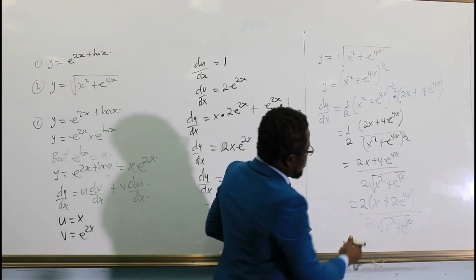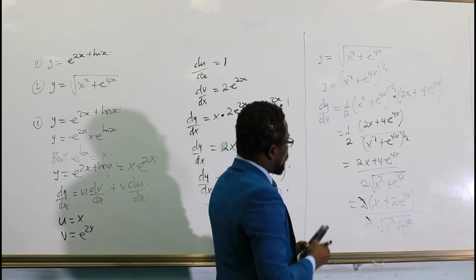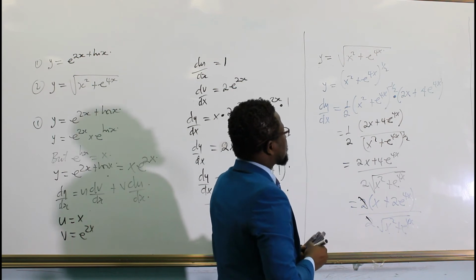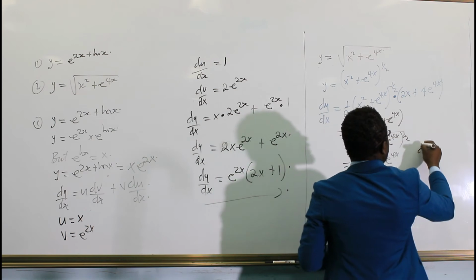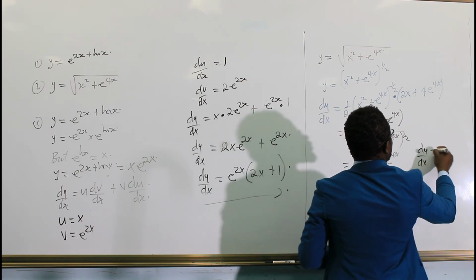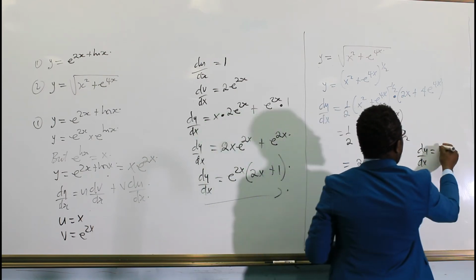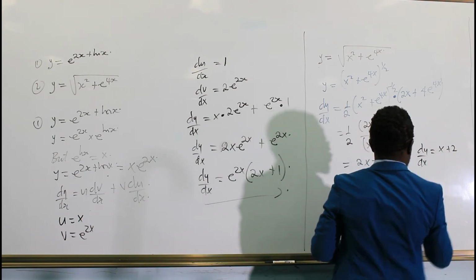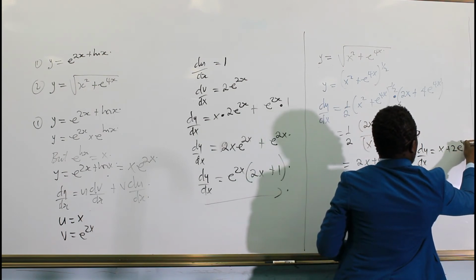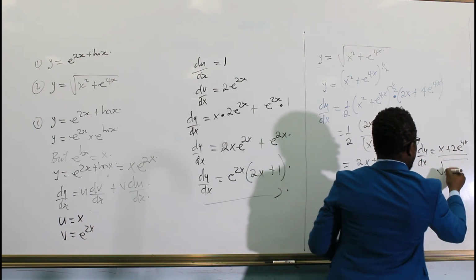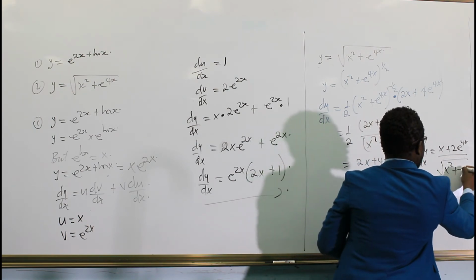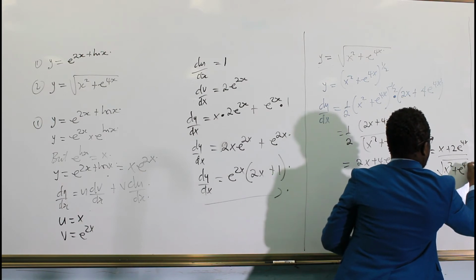Now the 2 cancels the 2. What do we have as our final answer? dy/dx equals x plus 2e exponent 4x divided by the square root of x squared plus e exponent 4x.